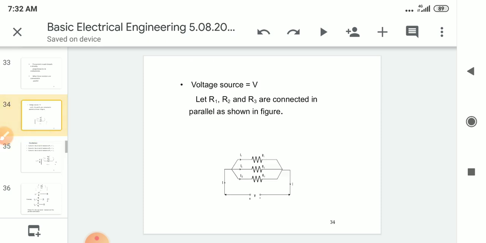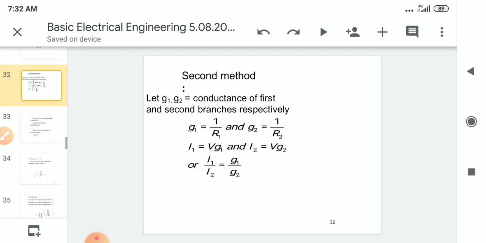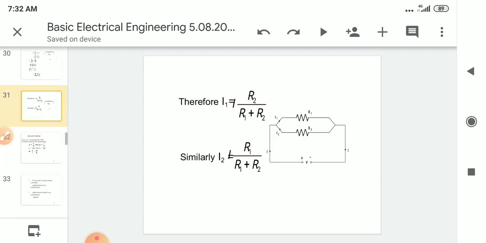In our previous discussion, taking the two resistances only, that is the current division rule for these two resistances. I1 is equal to I into its opposite resistance by total resistance.